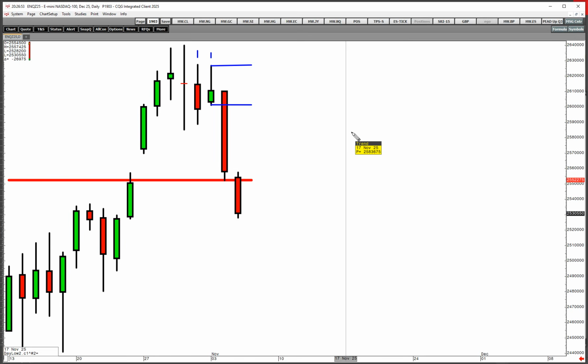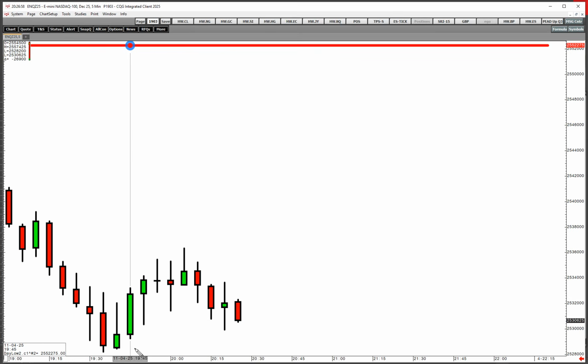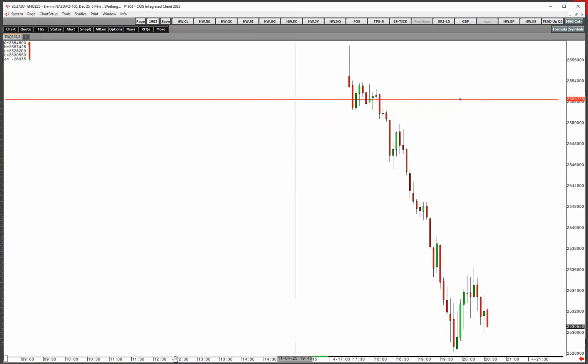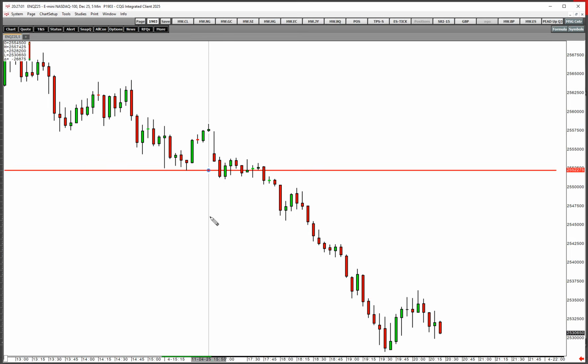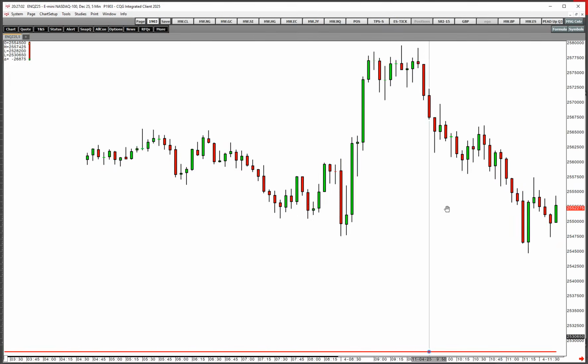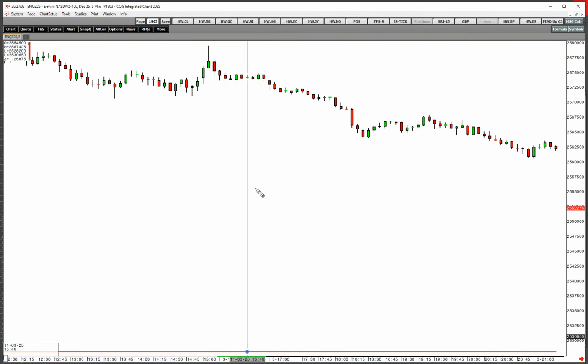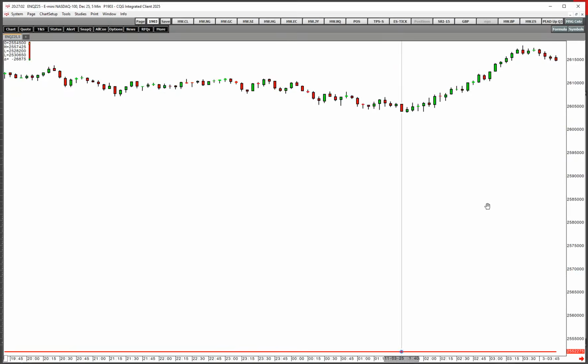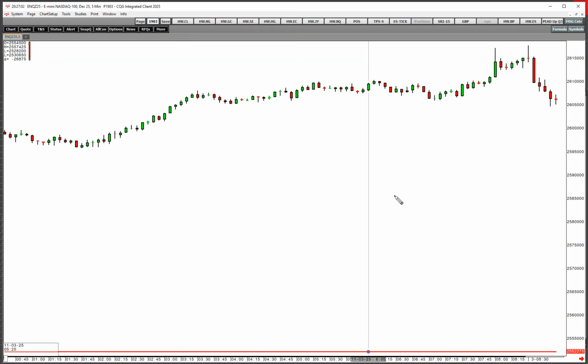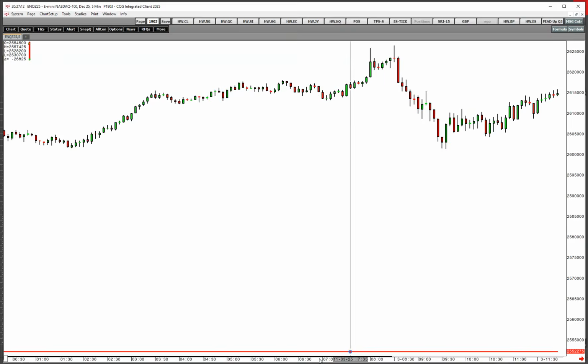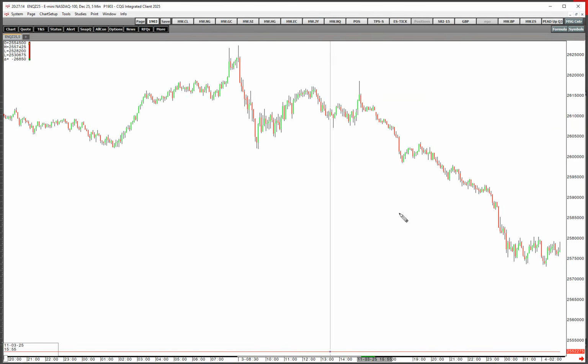When it makes that break, we would then look for our classic ABC pattern to shake out the breakout sellers. So this happened overnight. Let's find it.